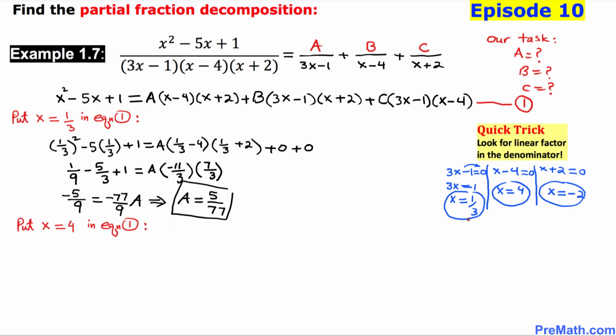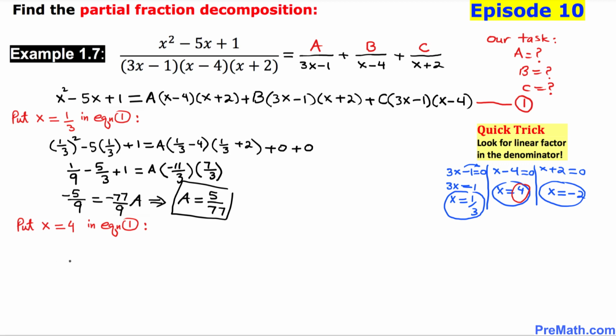5/77. And now let's look at this x equal to 4 value, and here I wrote down put x equal to 4 in equation 1. So that means this time wherever we see x, we are going to replace it by 4.